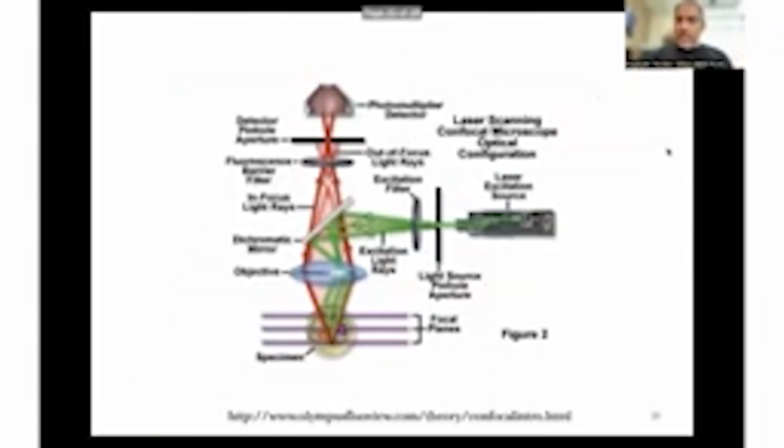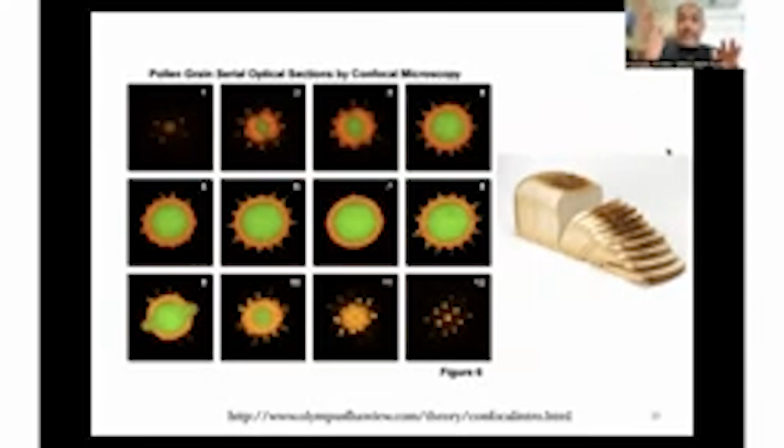This essentially is like chopping a piece of bread, taking each slice and visualizing each slice, and then putting all the slices together to see the entire loaf of bread. And that's what you can now do by taking optical sections.